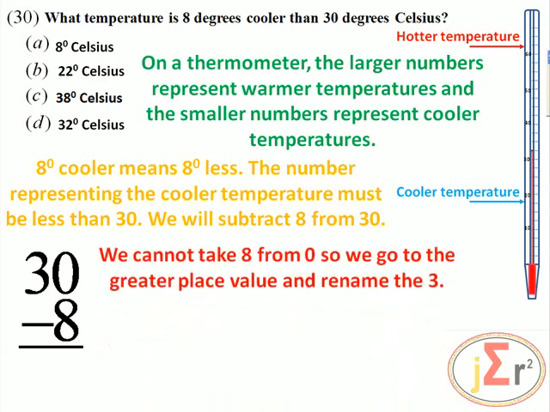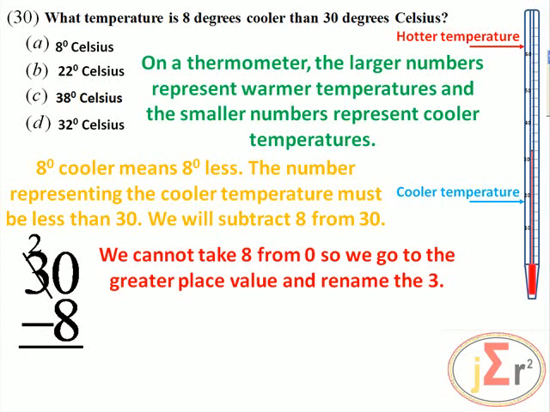We cannot take 8 from 30, so we go to the greater place value and rename the 3. And the greater place value is always what? 10 times the present place value. And the greater place value is located to the left. To the left, as said Jerry. So rename the 3 to 2. So we are taking out 1 unit there.